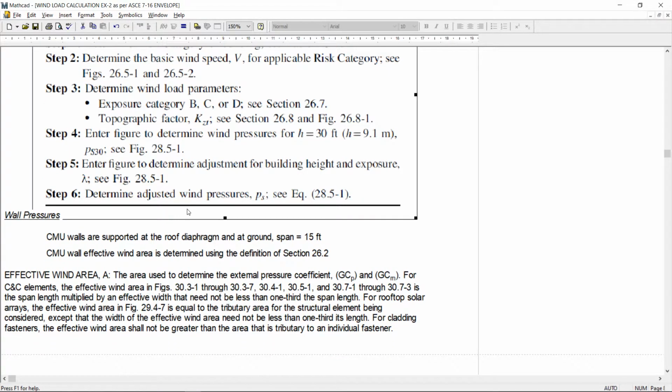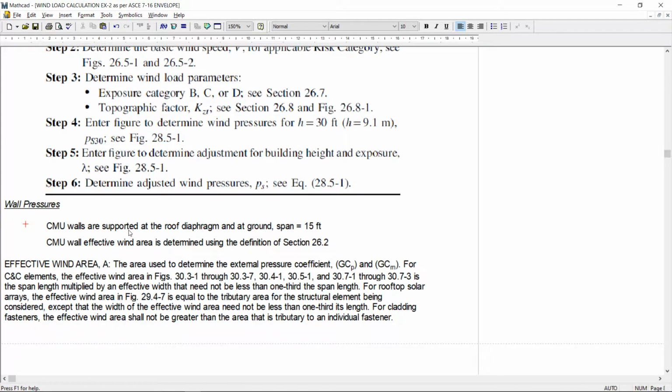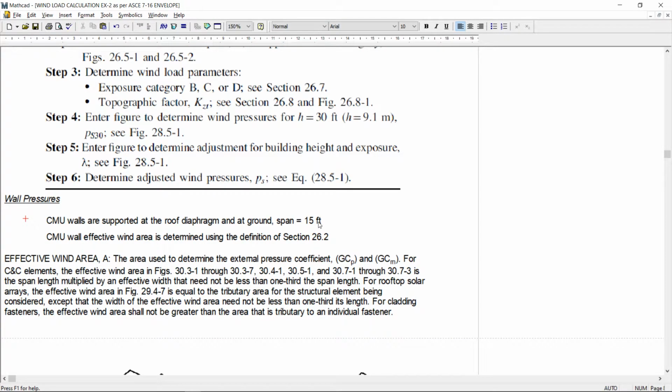So I'll go back to the standard. I'll show how it is done. So for wall pressure, the CMU wall has a height of 15 feet, and this height is the span. This is in the vertical direction.